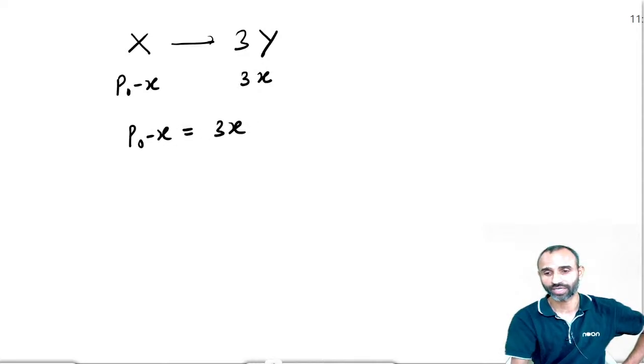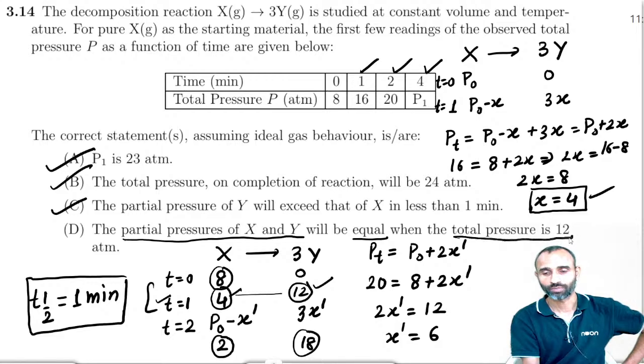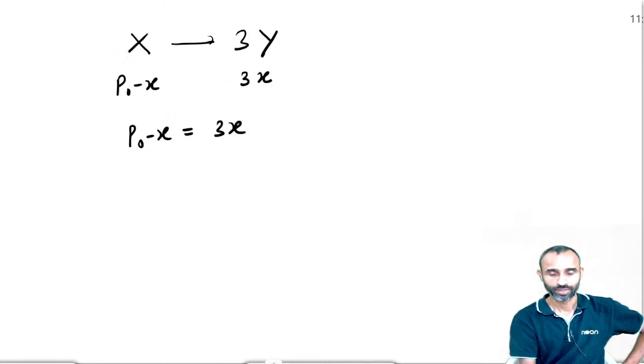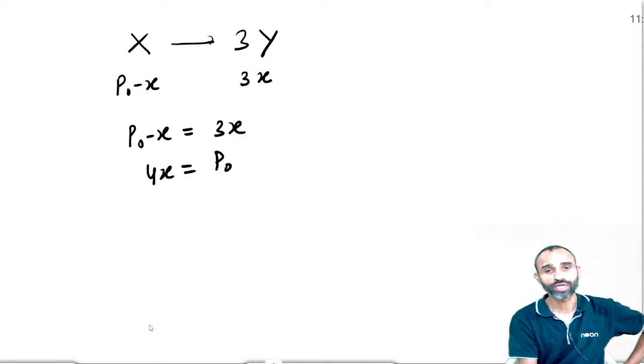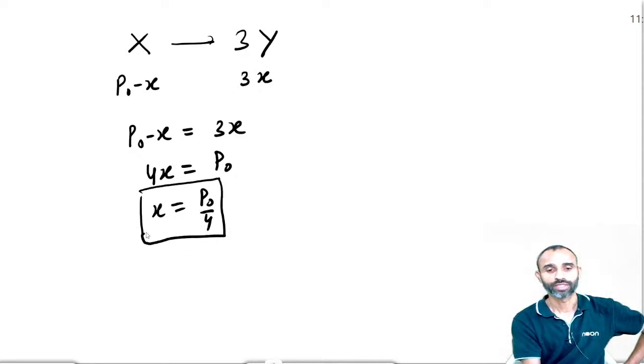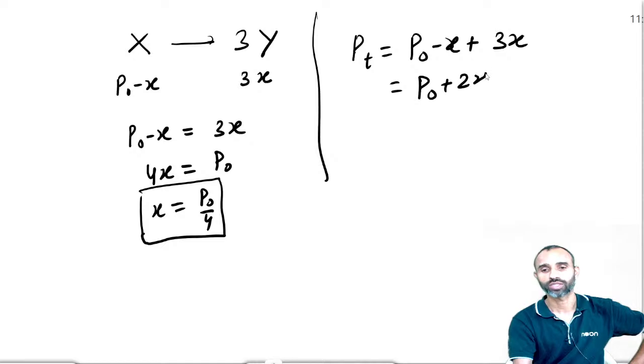This is the condition for partial pressures of X and Y to be equal. So in this way, 4x is equal to P naught, x is P naught by 4. Now total pressure is pressure due to X plus pressure due to Y, which comes out to be P naught plus 2x.